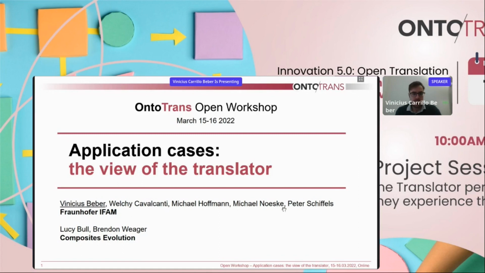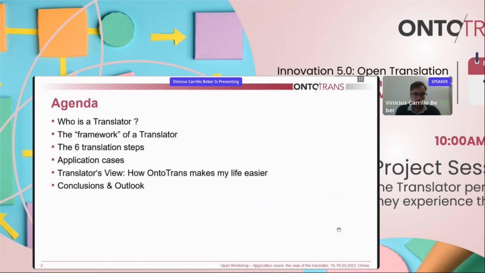Today I would like to share some thoughts about the application case, the view of the translator, which has been a work within OntoTrans carried out by a team of translators from the Fraunhofer Institute IFAM and from Composites Evolution. As an agenda, I will start speaking about the translator, who is a translator, then talk about the framework of a translator, which is the things that surround the day-to-day activities of a translator, talk about the 6 translation steps, then talk about the application cases.